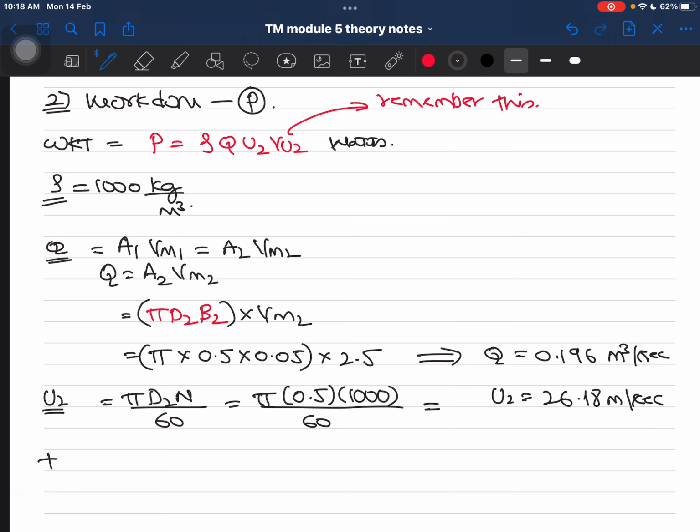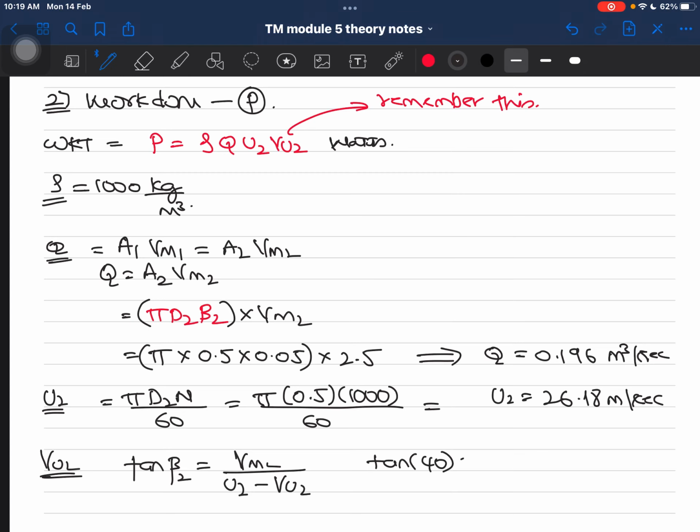For that, you can use tan beta 2. So tan of beta 2, if you apply opposite over adjacent, it will be VM2 divided by U2 minus VU2. Beta 2 value is given, so kindly substitute it.